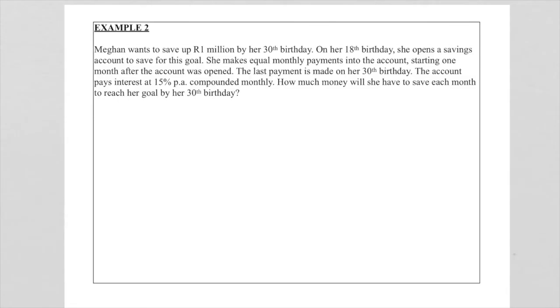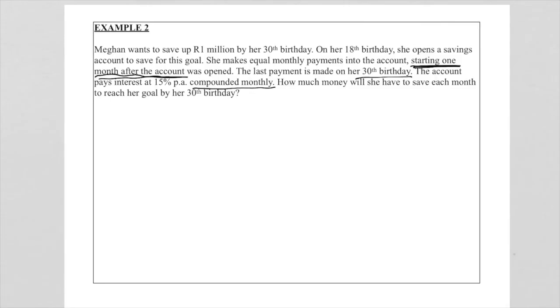So first of all, please take note that she only starts to pay 1 month after opening the account. The last payment is made on her 30th birthday, and the account pays interest at 15% per annum compounded monthly. How much money will she have to save each month to reach her goal by her 30th birthday?